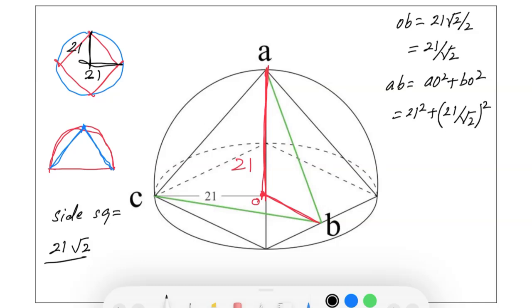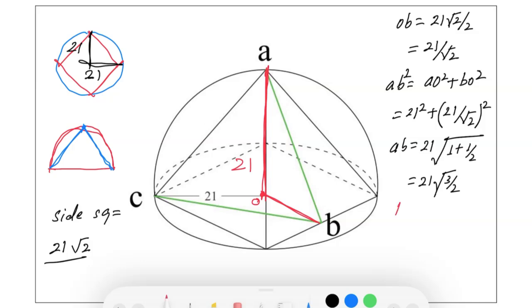Therefore AB is going to be nothing but 21. Within the brackets we will have 1, and on the other side we will have 1 by 2. Therefore this is going to be 21 times root 3 by 2.